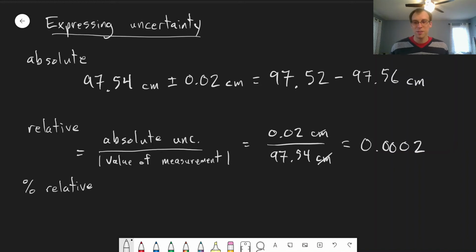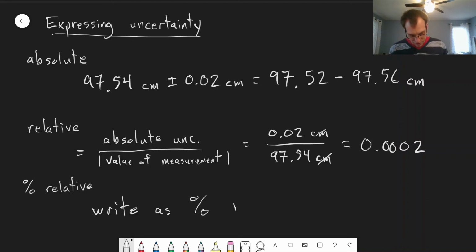A percent relative uncertainty is basically the same as a relative uncertainty, but we write it as a percentage instead of just a fraction. Your textbook really likes to use percent relative uncertainties. I find relative uncertainties more straightforward because then you don't have to remember to multiply by 100%. But just write it as a percent.